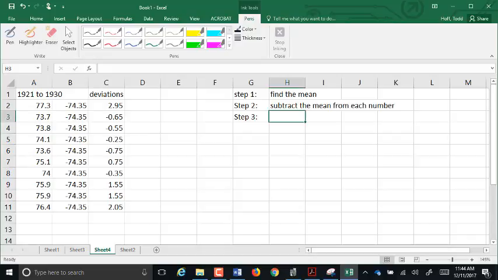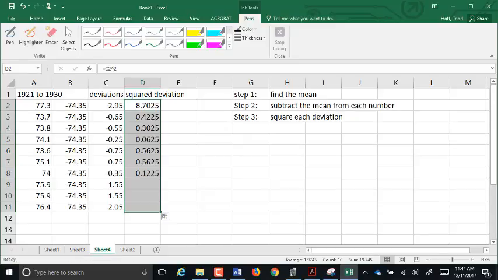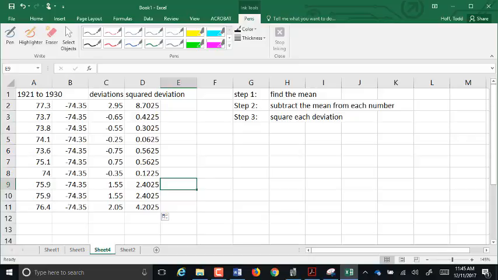What's step 3? Square each deviation. In other words, square the result from step 2. These are the squared deviations. So we're going to square each of these. Again, if they're negative, make sure you're putting them in your calculator in parentheses. Any number squared has to be positive.